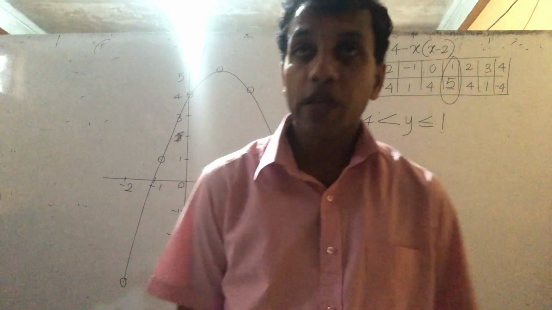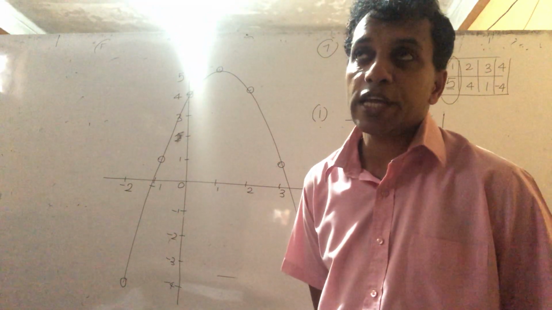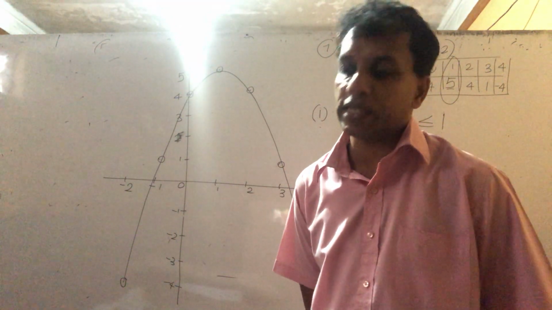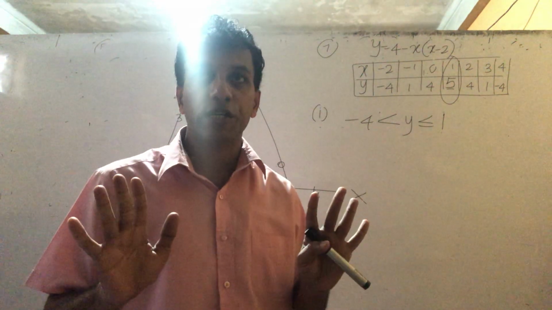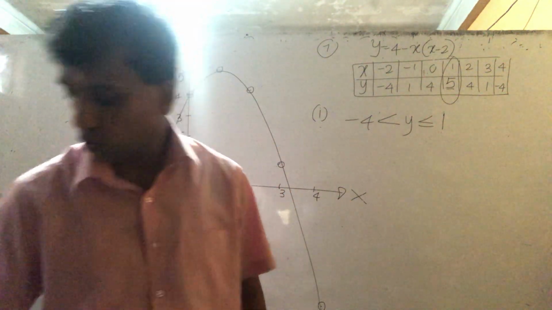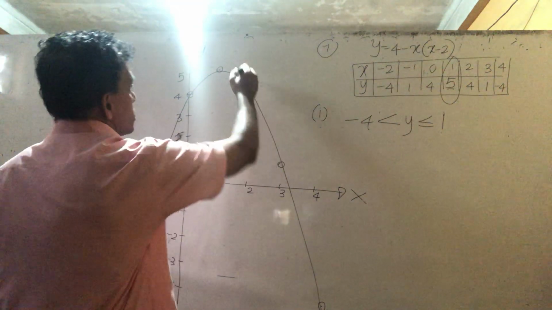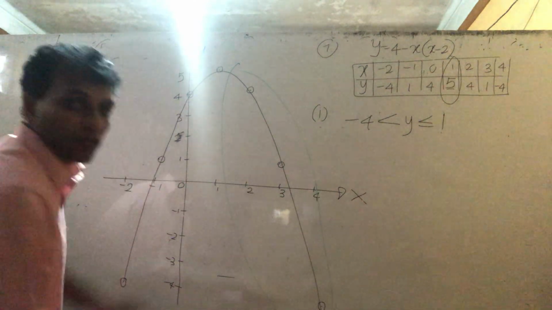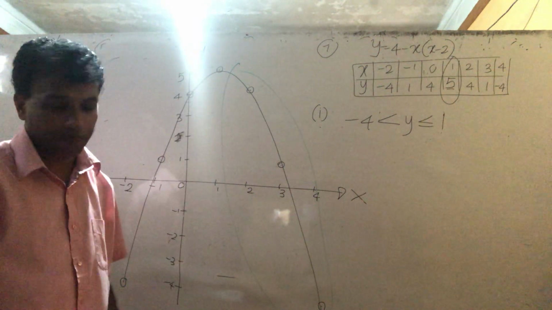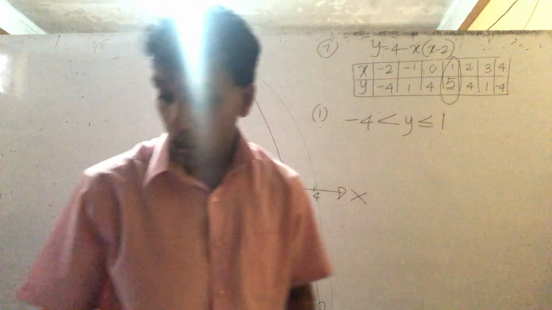So here they ask to find the range of x where y is decreasing. Where is the decreasing part? Here they don't mention positive or negative, just generally decreasing. So the y decreasing portion is that side. That is one instruction.